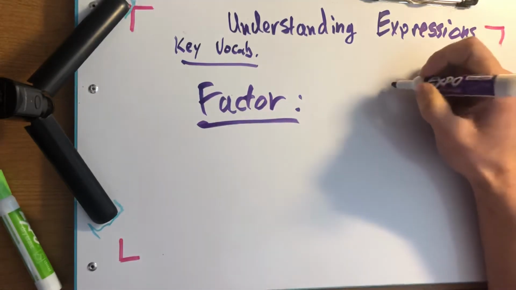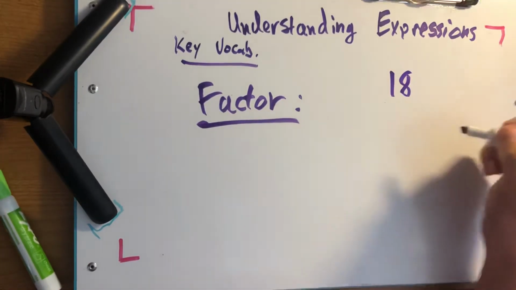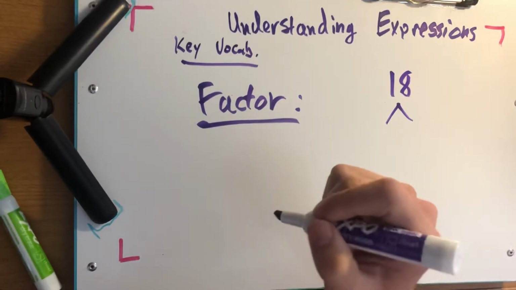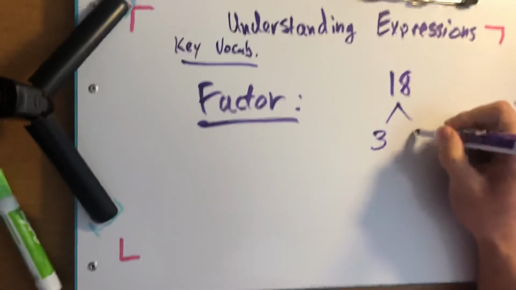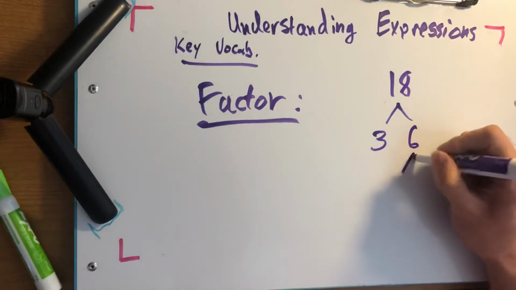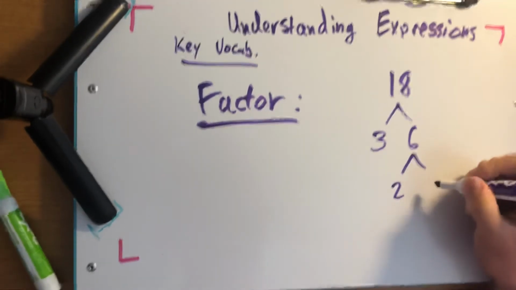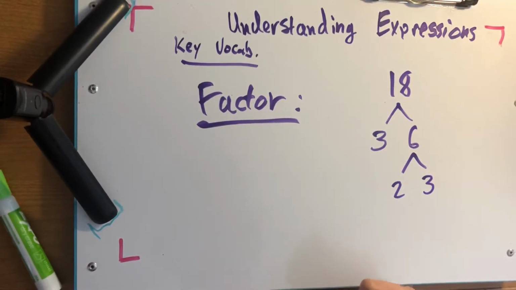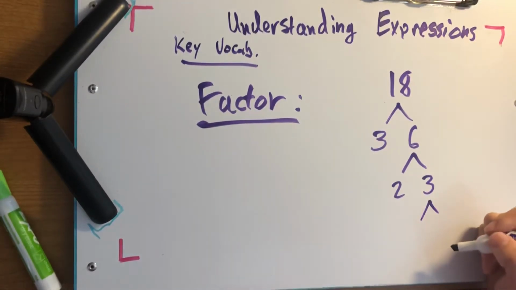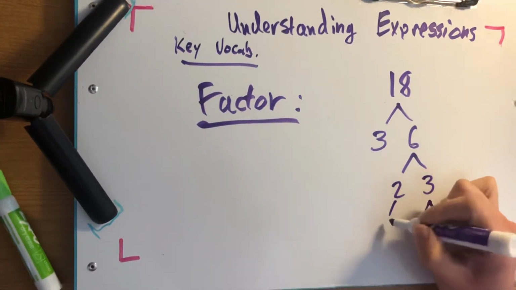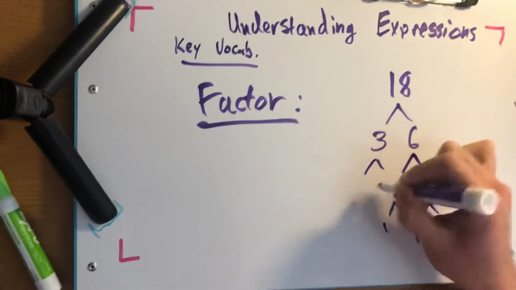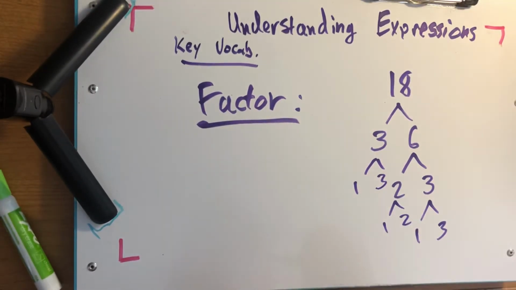And we probably did something like this, where we had a number, we drew out little dividers, and it's like, okay, we know 3 times 6 is 18. We can even go a little bit further. We know 2 times 3 is that. And then you could keep going further, like this is 1 and 3, this is 1 and 2, but that doesn't really give us that much more useful information.